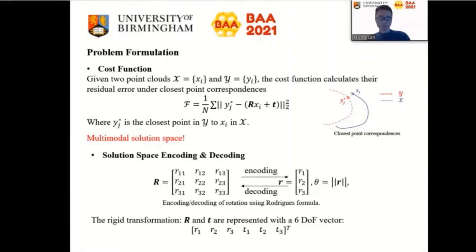The solution space for this cost function is multimodal. This means there are many suboptima. The solution space is encoded and decoded using the Rodrigues formula, which transforms the rotation matrix into a 3D rotation vector. Thus, the rigid transformation could be represented with a 6D vector.